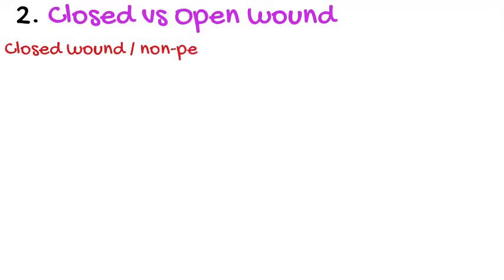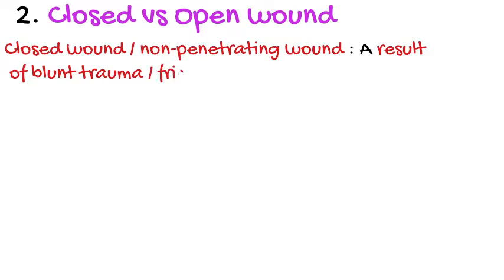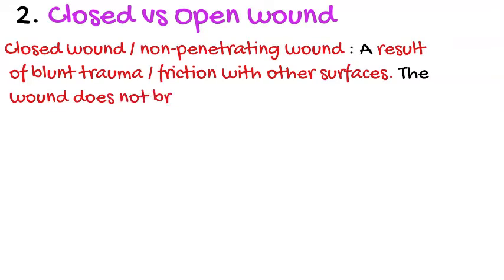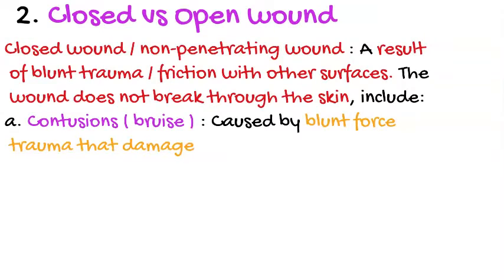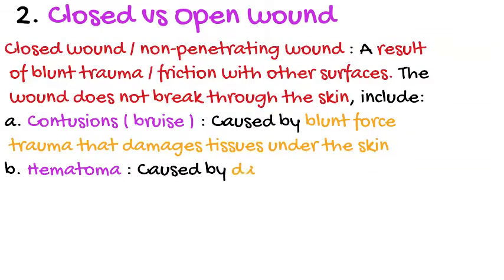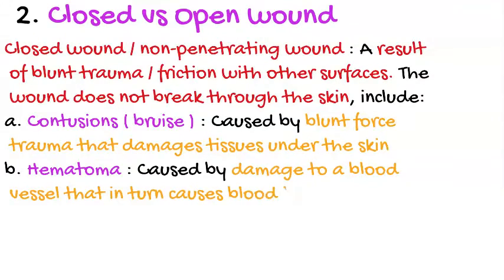In number 2, whether it's a closed wound or an open wound. A closed wound or non-penetrating wound is a result of blunt trauma or friction with another surface. The wound does not break through the skin. This includes these types of wound: A. Contusion or bruises.